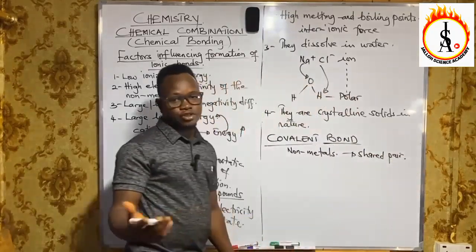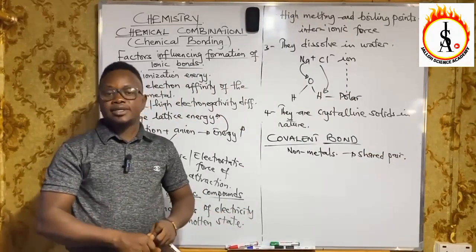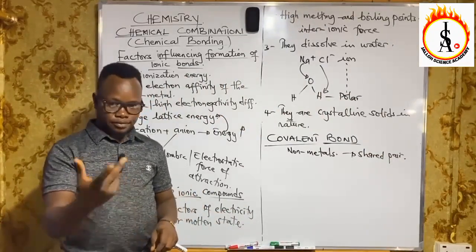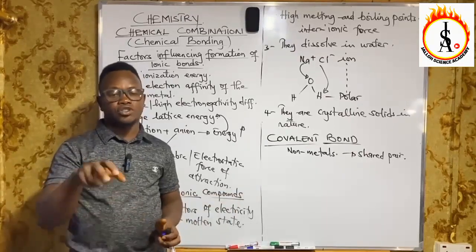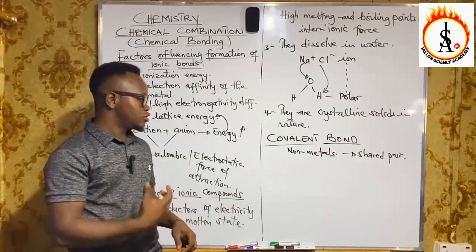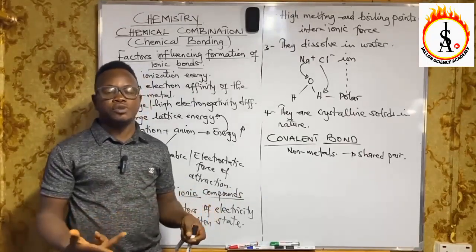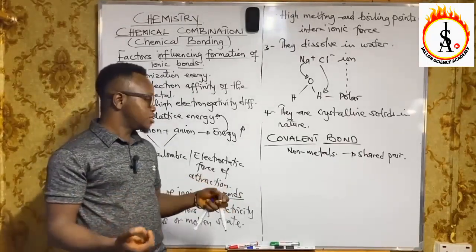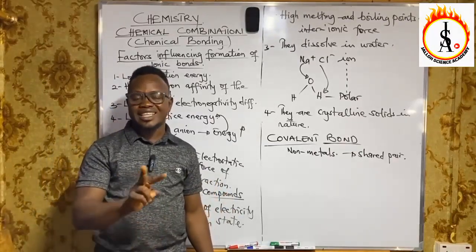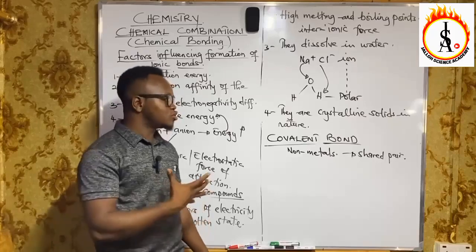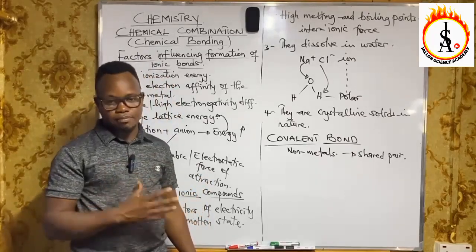These bonds can be single, wherein the two reactant species contribute an electron each, or double, wherein each contributes 2 electrons, or triple, wherein each contributes 3 electrons. So we are going to look at some examples of these covalent bonds.